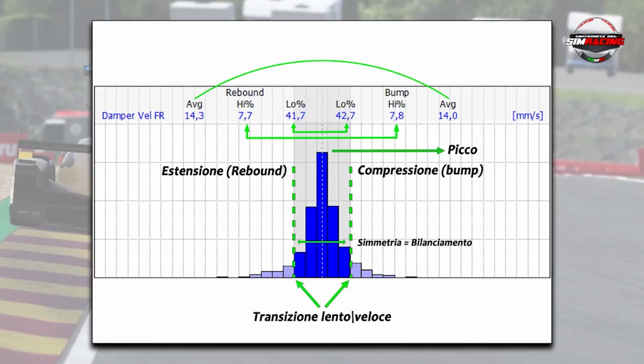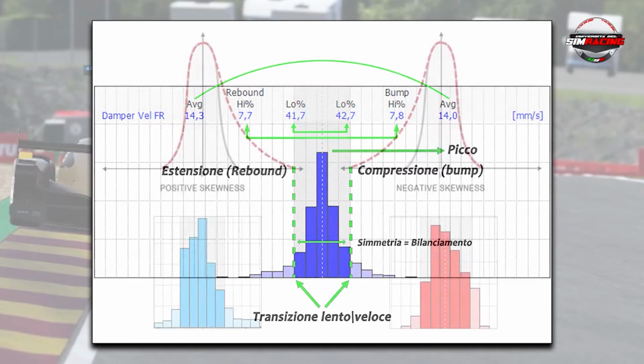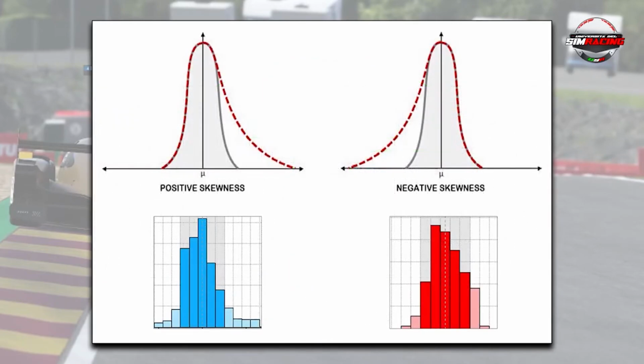This occurs when there's an excessive imbalance between bump and rebound, referred to as bump bias or rebound bias, respectively. A bump bias causes the car to gradually lose ride height until it bottoms out on the bump stops. The on-screen image helps visualize what happens when a suspension setup has a specific bias or imbalance. A histogram skewed towards the bump side will show negative asymmetry, while positive asymmetry indicates a bias towards rebound.